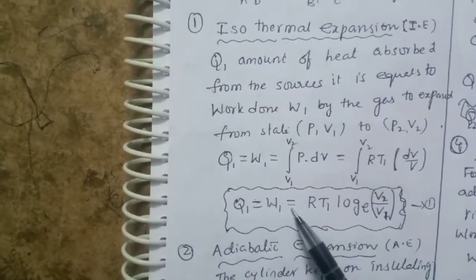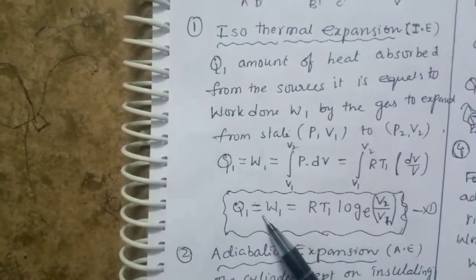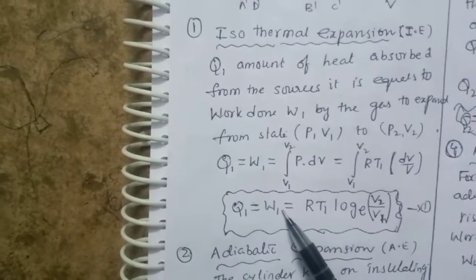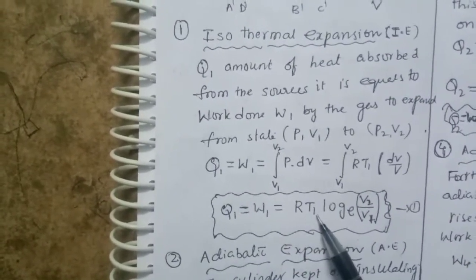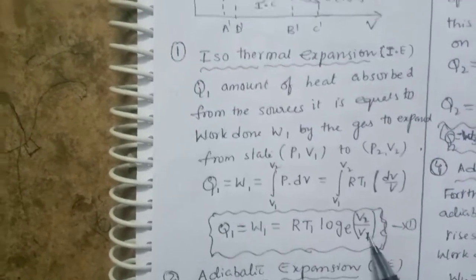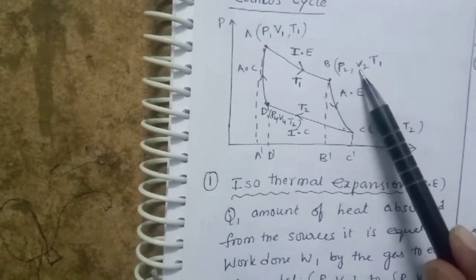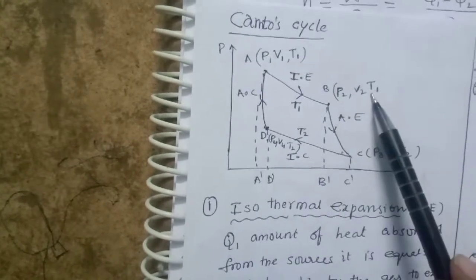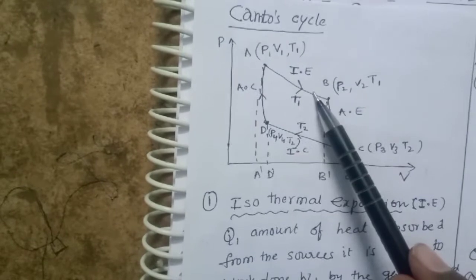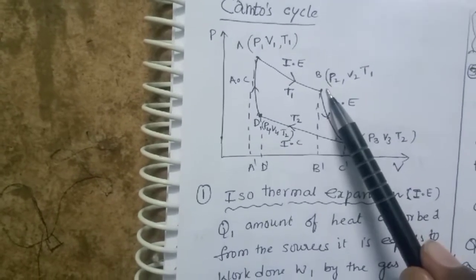Q1 equals W1, that is, the amount of heat absorbed equals the amount of work done by the gas, equals RT1 log base e V2 by V1. Now the system is at point B. Here the pressure decreases from P1 to P2 and the volume increases from V1 to V2, and the temperature remains constant because this process is isothermal expansion.